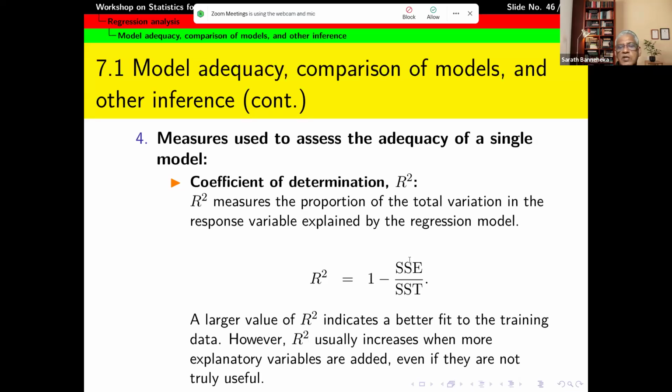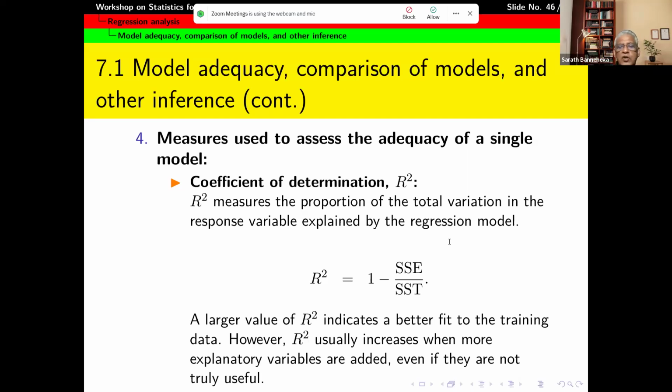So SST minus SSE will be the difference. Originally, there was a total variation in Y. SSE is the remaining variation in Y after fitting the model, in the residuals, in other words. So therefore, the difference will be attributed to the model. So we call it the variation explained by the model that we fitted.